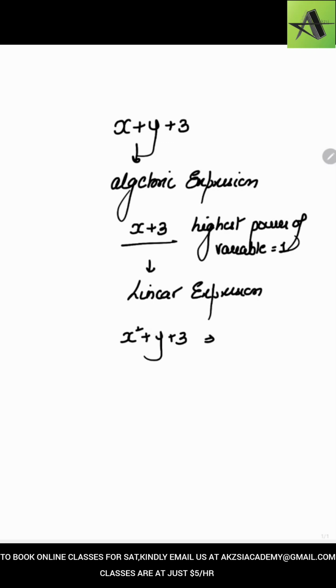Not necessarily that it should be x only, the highest power of any variable present, any letter present in the expression. If it's 2, then definitely it's a quadratic expression. Here, the highest power of x is 2. So I can say this is a quadratic expression.